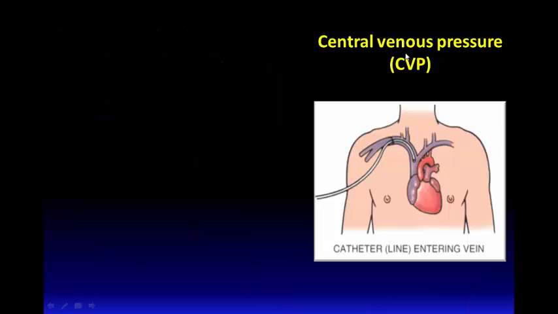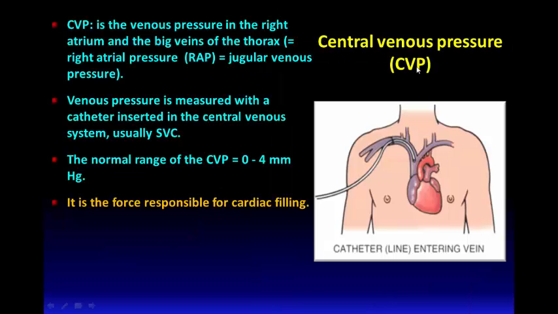The central venous pressure, CVP, is the venous pressure in the right atrium and in the big veins of the thorax. Hence, it is equivalent to the right atrial pressure, and is also equivalent to the jugular venous pressure.